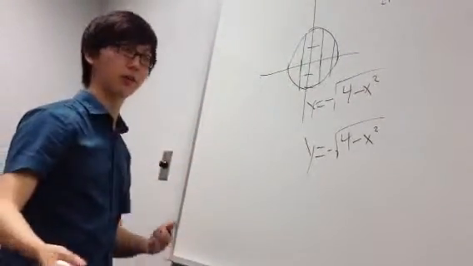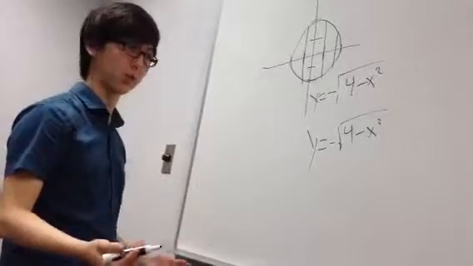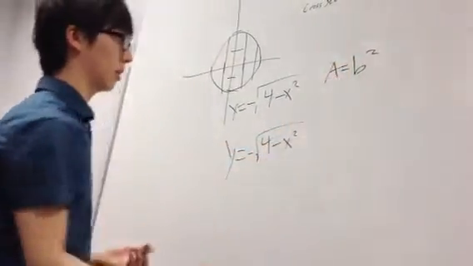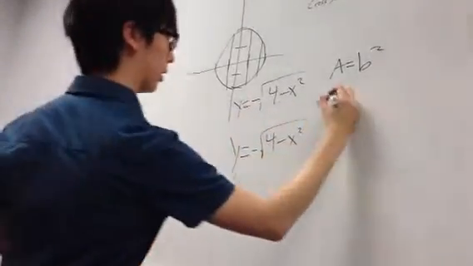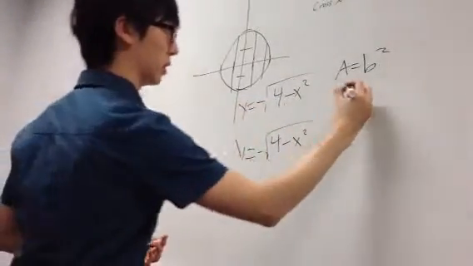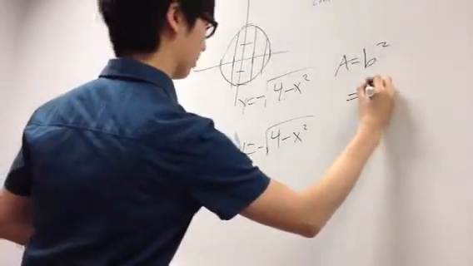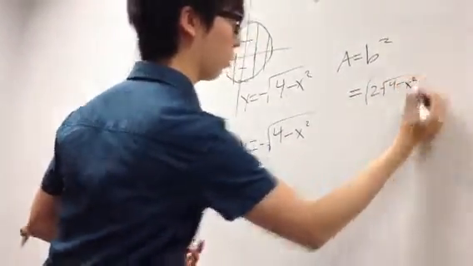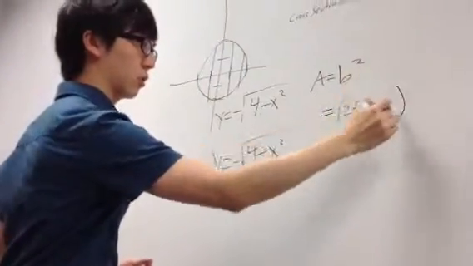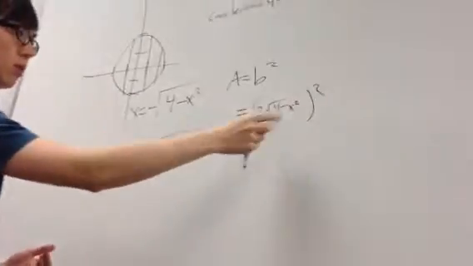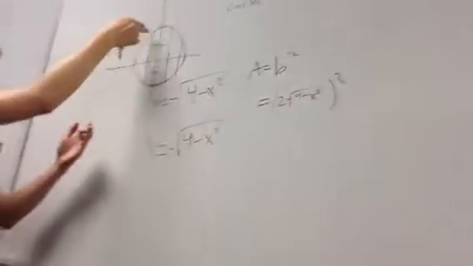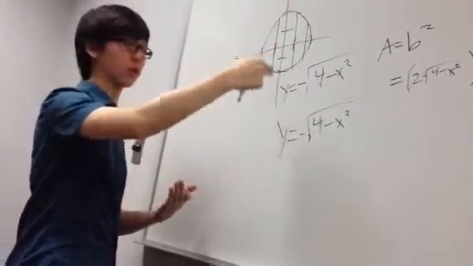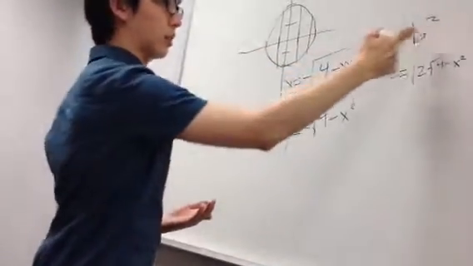And the formula defining the area of a square is simply the base squared. So A equals base squared. So top curve minus bottom curve will be 2 times the square root of 4 minus x squared, and this squared is just your area formula. The inside is your base because, as I said, top curve minus bottom curve is the base of every possible square you could form. And then you square that to find your area.